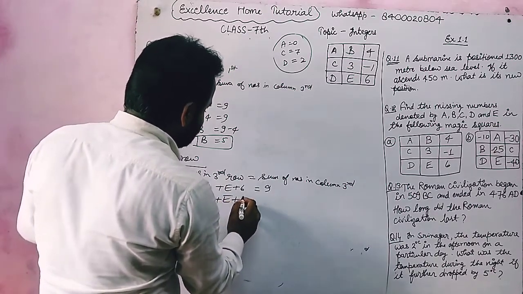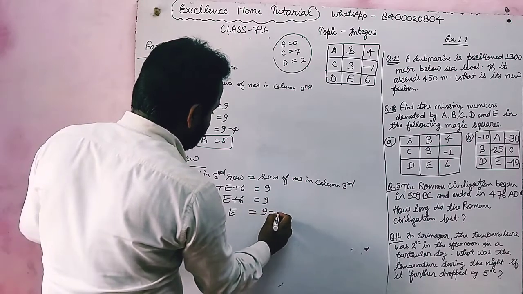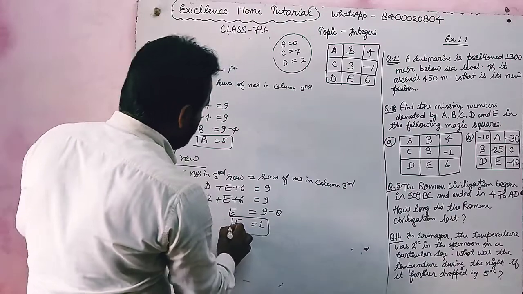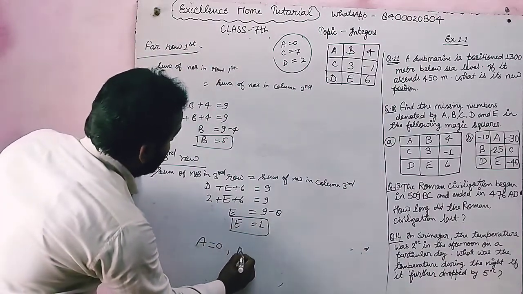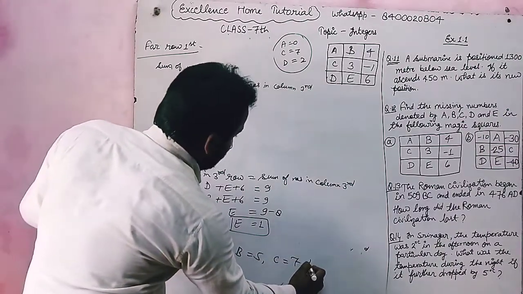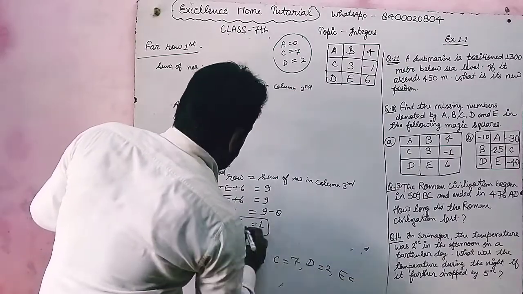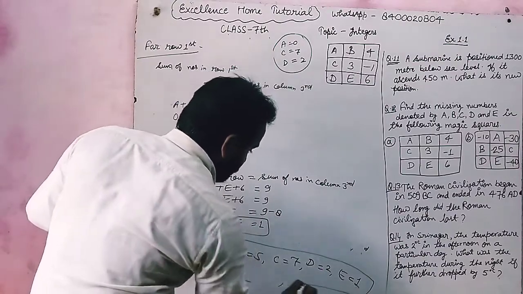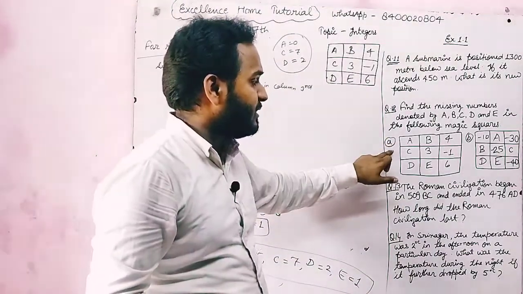So 2 plus E plus 6 equals 9, E equals 9 minus 8, that is equal to 1. So this is the answer. A equals 0, B equals 5, C equals 7, D equals 2, E equals 1. This is the solution of the magic square given in section A, 12 section A.